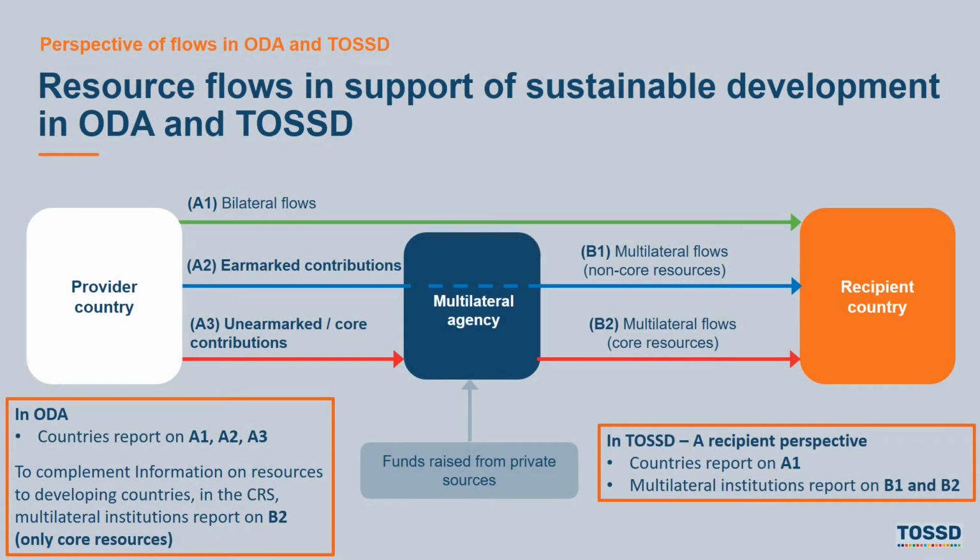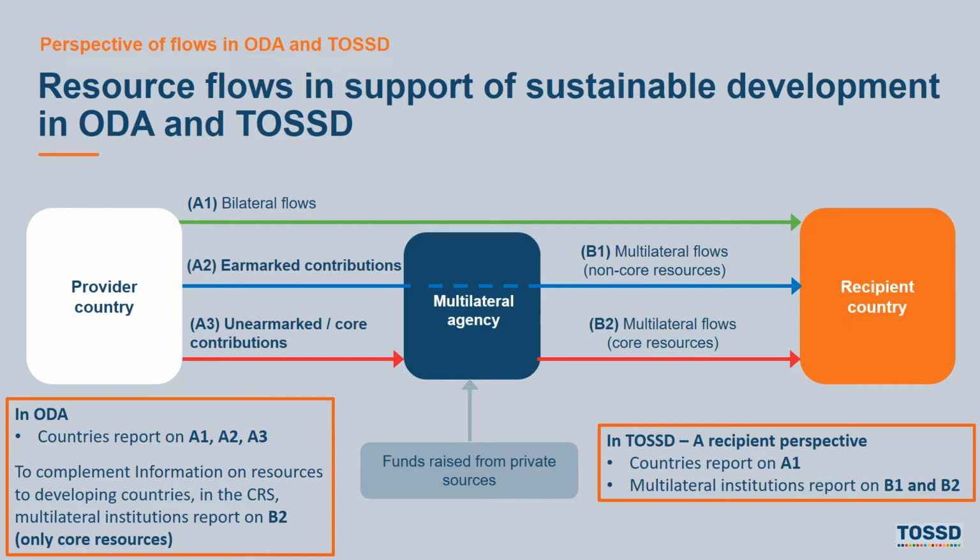How are resource flows in support of sustainable development reported in TOSSD in comparison with ODA? First of all, if we look at all the flows from provider countries, we have first purely bilateral flows from the provider country directly to the recipient country. This is shown in the A1 green arrow. Then we have contributions that are earmarked through the multilateral system.